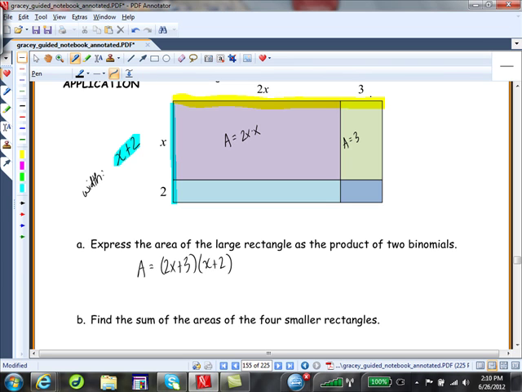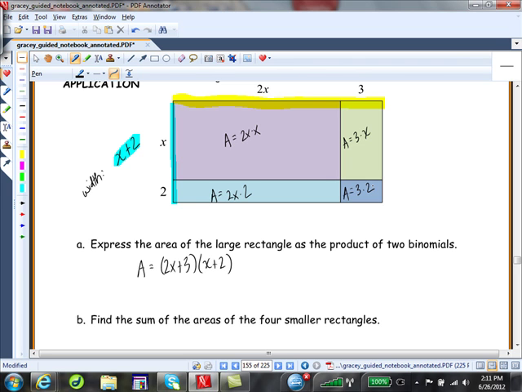And then what is the width? The width is still x, right? And then this light blue one will have the area 2x times 2. And this dark blue one, the area is 3 times 2.